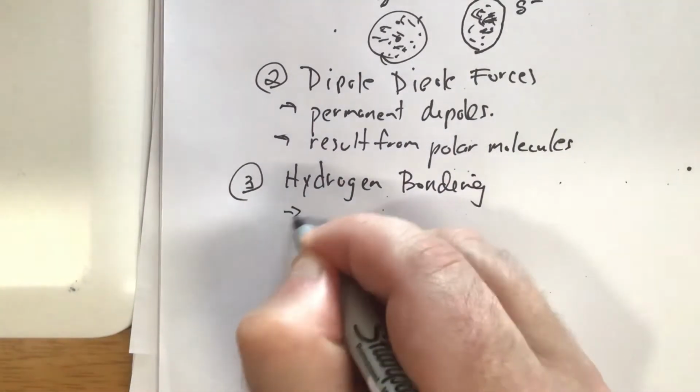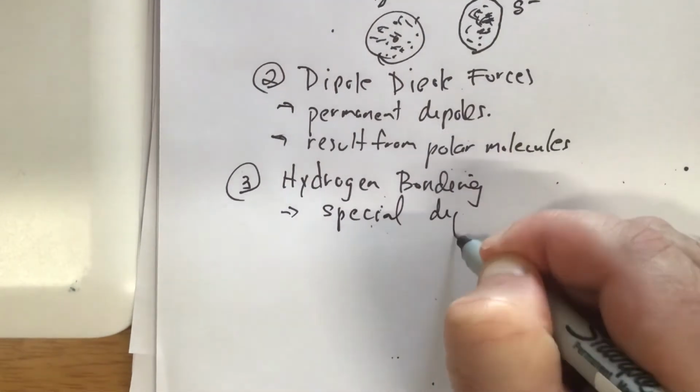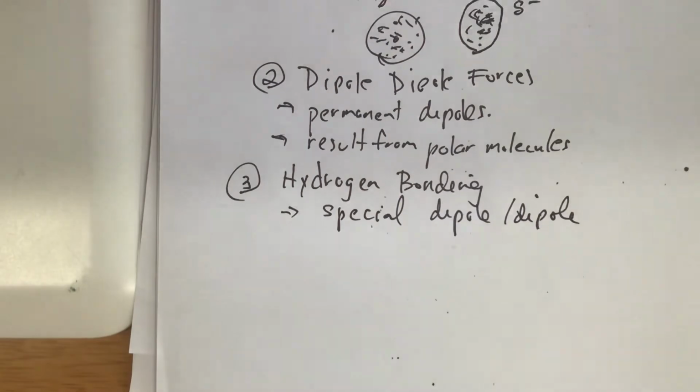And hydrogen bonding is a special dipole-dipole case. So if you have something that shows hydrogen bonding, it is of course also going to show dipole-dipole bonding, and it's also going to show dispersion forces, because every molecule shows London dispersion forces.